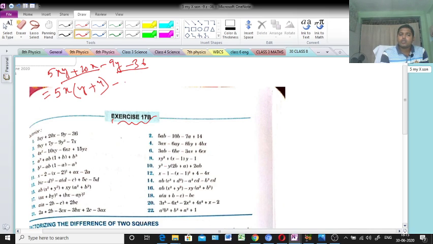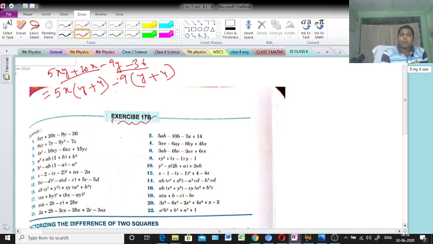So minus 9 common. After taking common, we get y here. And minus is already taken, so here it will be a plus sign. 9 times 4 is 36.